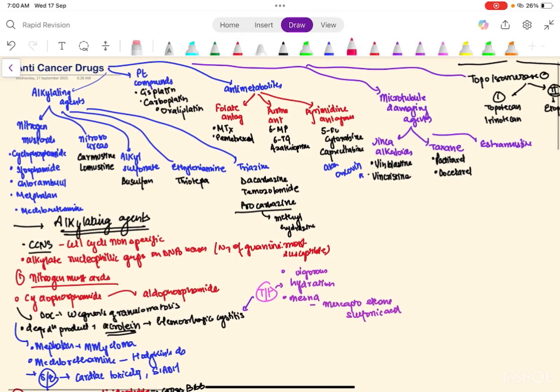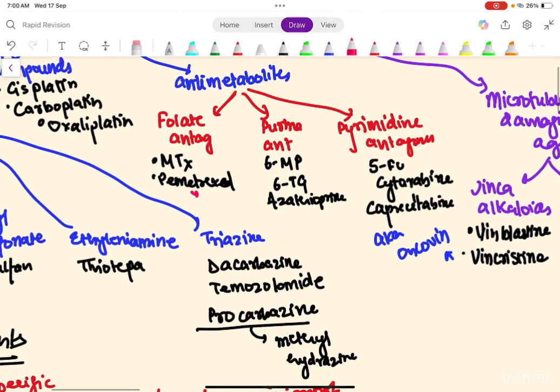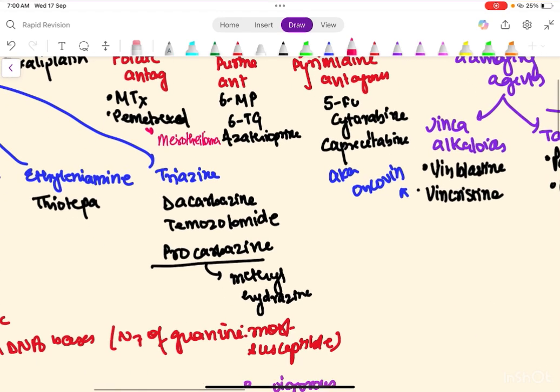Okay, then we have pemetrexed. So this is used for mesothelioma. Alright, and you also have one more, which is pralatrexate, and this you give for T-cell lymphoma.